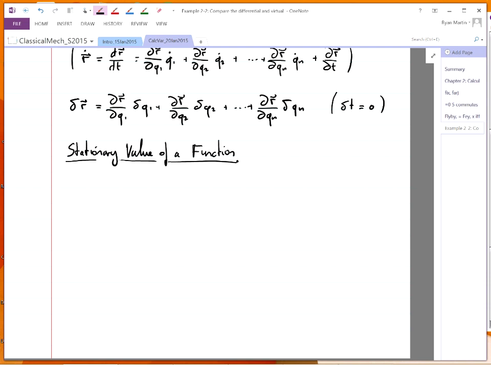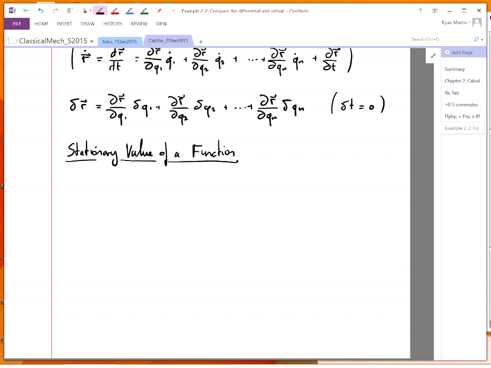So picture a function, let's say of 2 coordinates, s equals a function of x and y, for example. So you can think of that as a surface in an n+1 dimensional space.